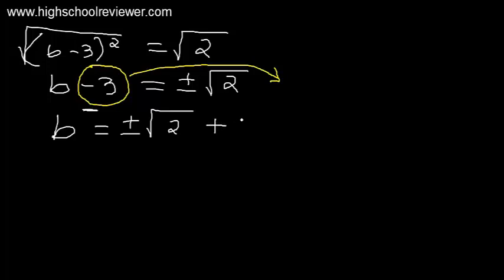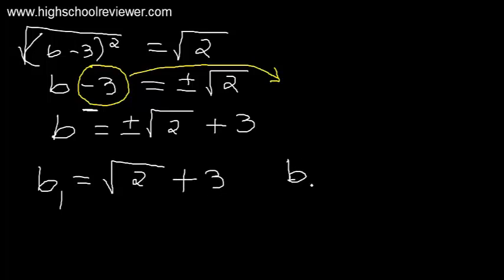This will now become positive 3. So our b sub 1 here will be the positive, so this will be the positive square root of 2 plus 3. And our b sub 2 will be the negative, so this will be negative square root of 2 plus 3.